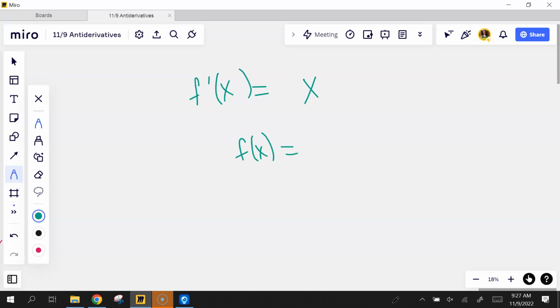And I say possible because there could be more than one. Why is it so hard, right? Okay, Khalil says 2x. What's the derivative of 2x? Nope, that doesn't work. I'm glad you did it, though.